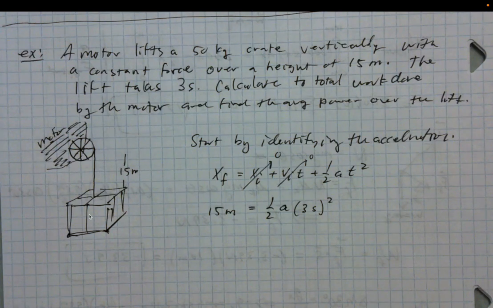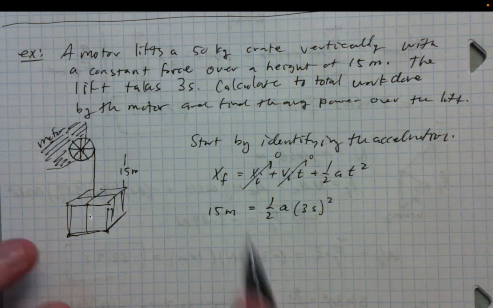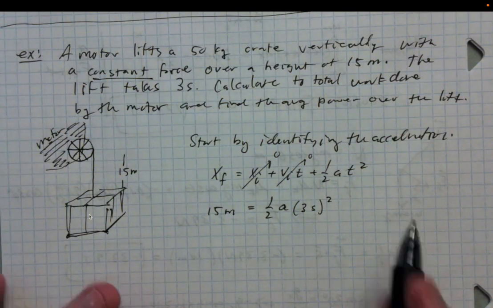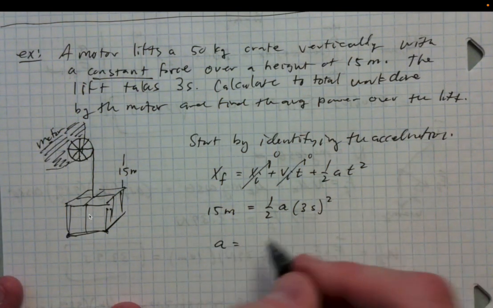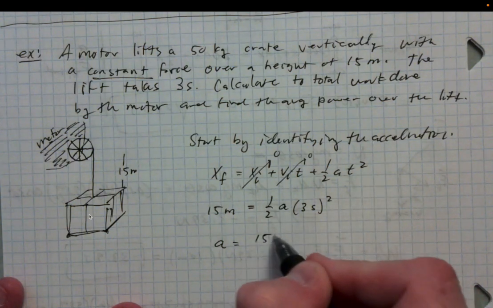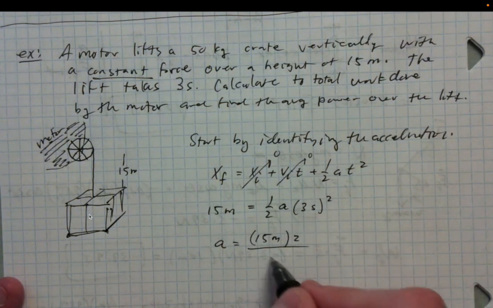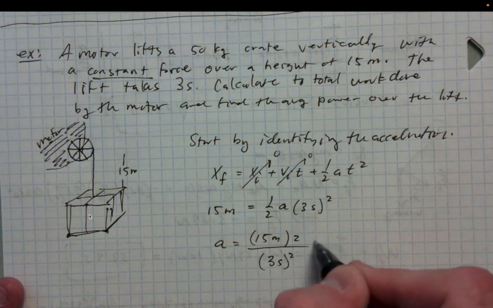So we could figure out what the acceleration looks like over this 15 meters. Now remember, this is a constant force, so this kinematics equation only really works if the acceleration is constant, which it would be in this case. The acceleration would be 15 meters times 2 over 3 seconds squared.